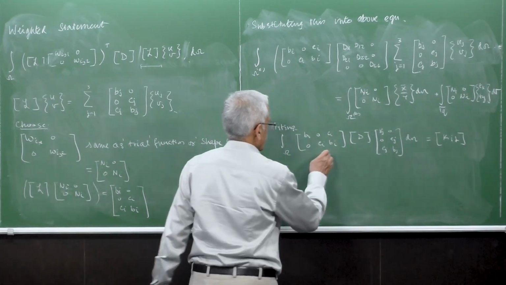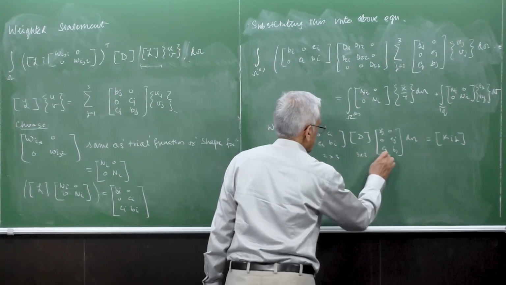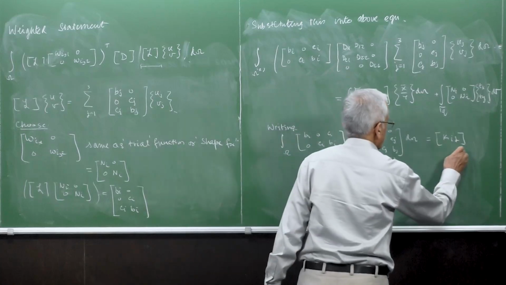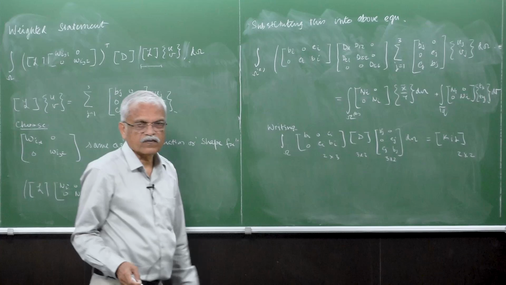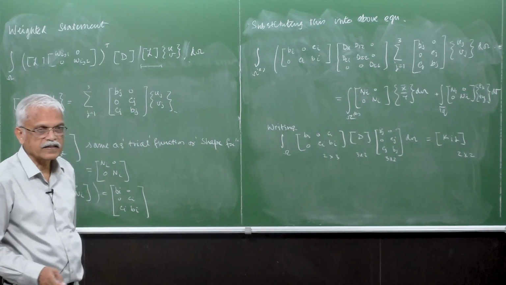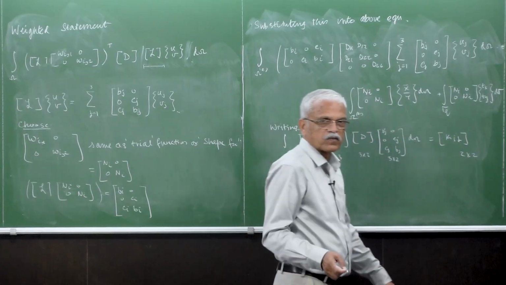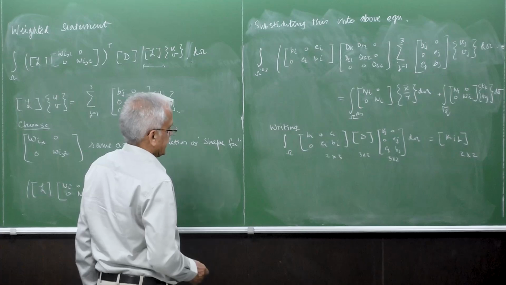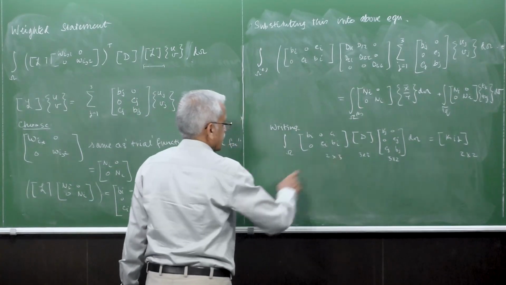This is 2 by 3, this is 3 by 3, and this is 3 by 2, so essentially it is 2 by 2. Earlier, for a one variable problem, Kij used to be one value. Now it turned out to be 2 by 2 because we are dealing with two variables u and v simultaneously.